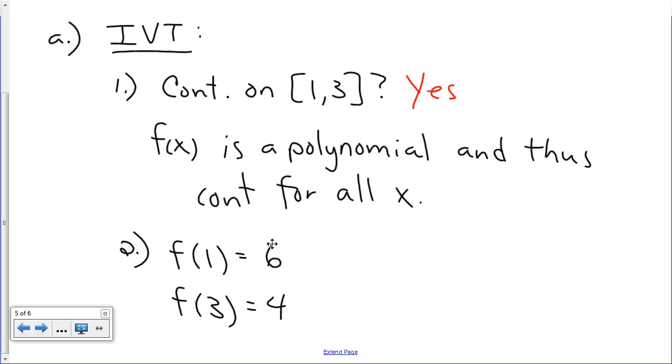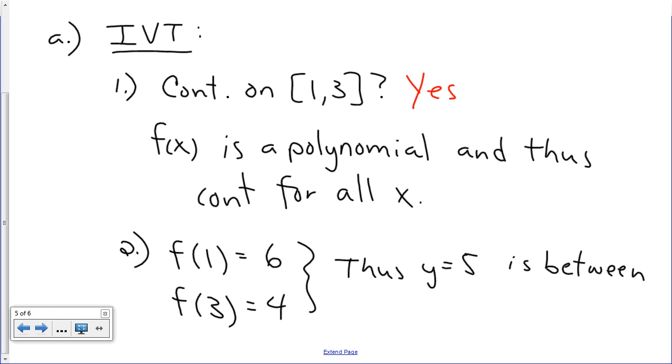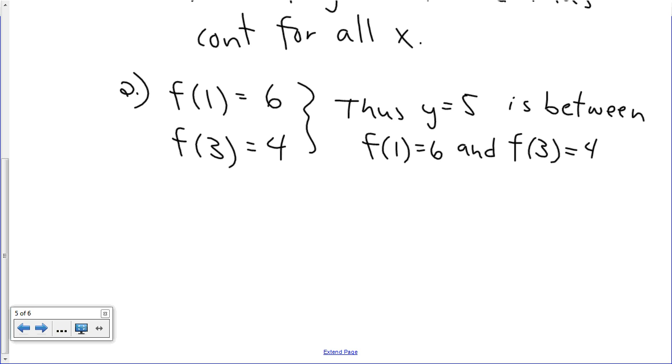All right, and so obviously we can show that y is between them. Thus y equals 5 is between f of 1, which equals 6, and f of 3, which equals 4. So now we can make our conclusion.